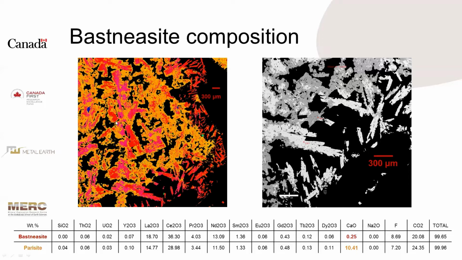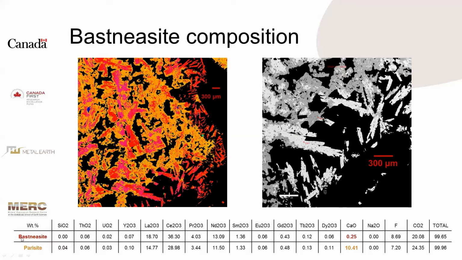All of this is altered into this orange thing that is parisite. And after that, you have another input of bastnasite on the edge. So for this work, we decided to focus mainly on the bastnasite that is on the edge because these crystals are cleaner, and for dating work, it's going to be easier for us to know what we ablate.